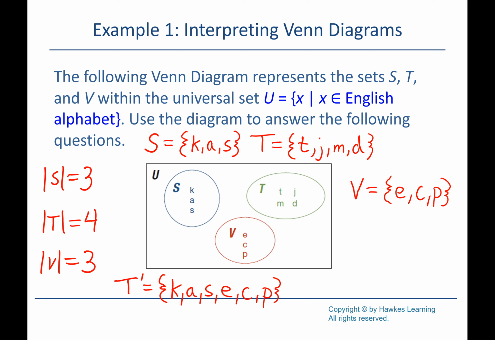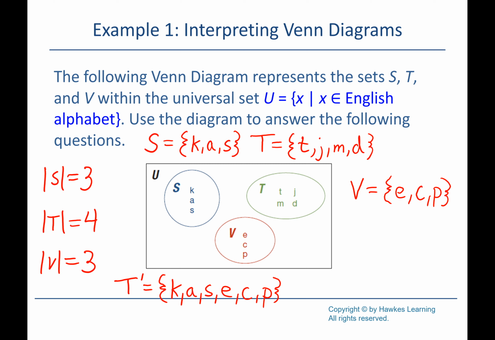We want, all right, let's think back to our definition. We want all the letters, in this case, all the members that are not in T. Are these all the ones that are not in T? No.